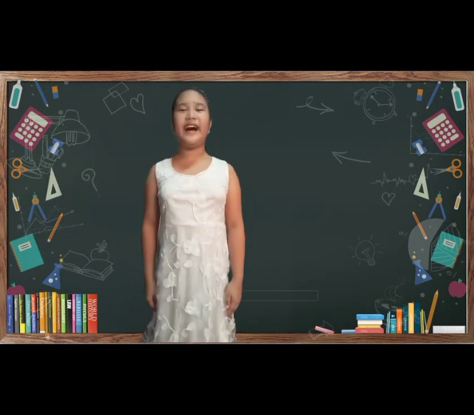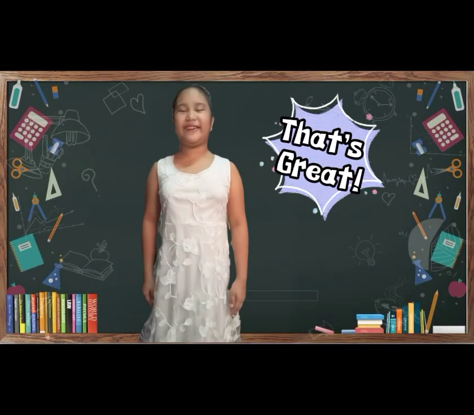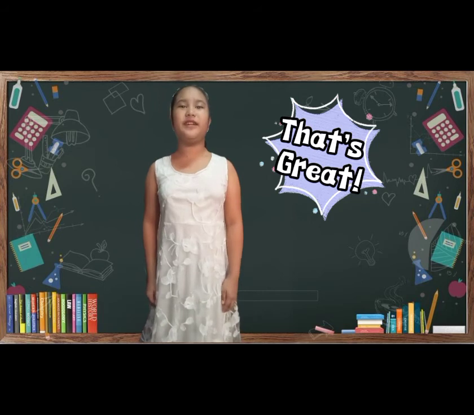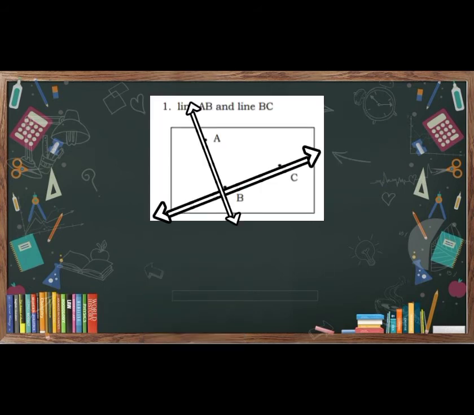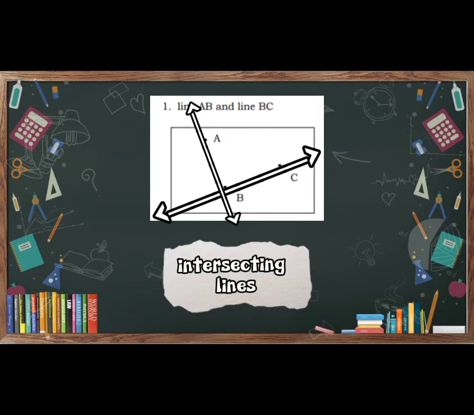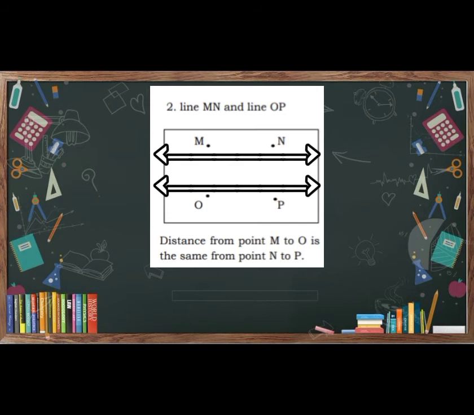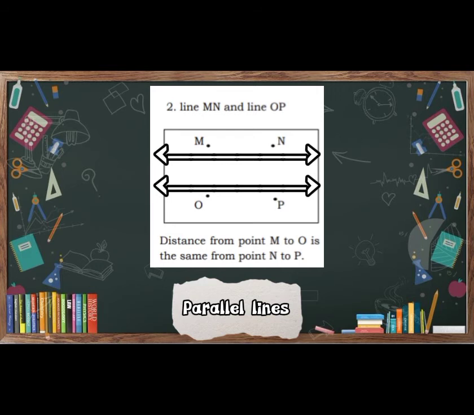Did you get all the answers correct? That's great! Now, I will show you some figures and give me the correct answer. Line AB and line BC. Intersecting lines. Line MN and line OP. Distance from point M to O is the same as from point N to P. Parallel lines.